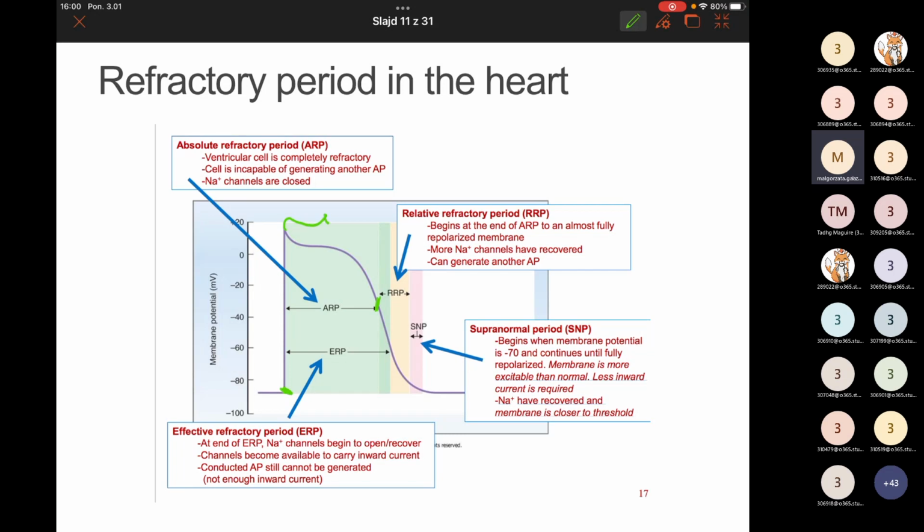So from here till here, we observe the absolute refractory period, and a second action potential cannot be generated.